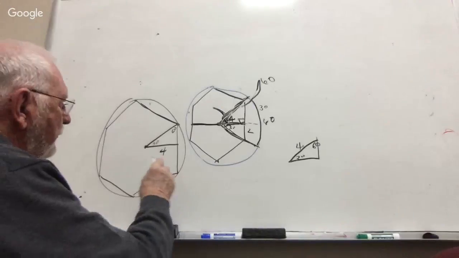So x is the square root of 12, which is 3. Okay. So if we did the.